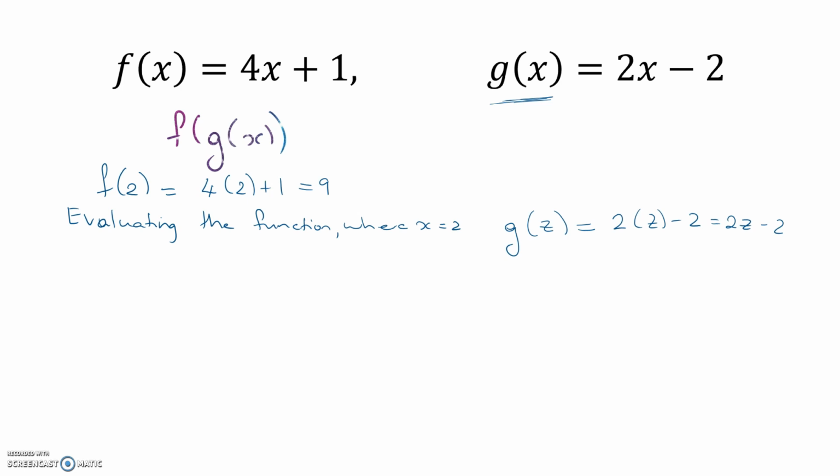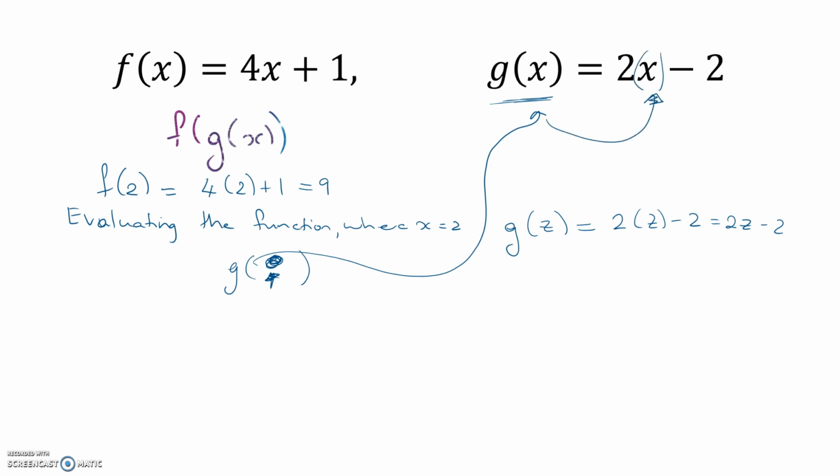So we know what to do, but there's no real point to this except that you need to understand how to evaluate a function. Whatever I do in here means I put this thing in there and into here.